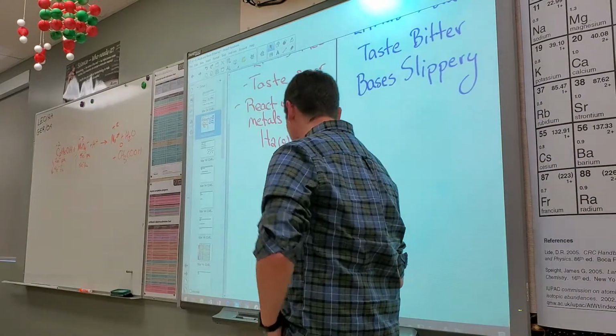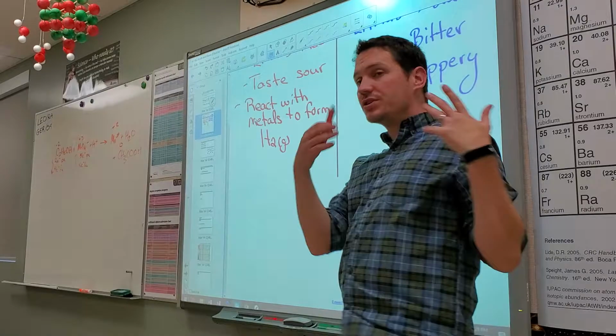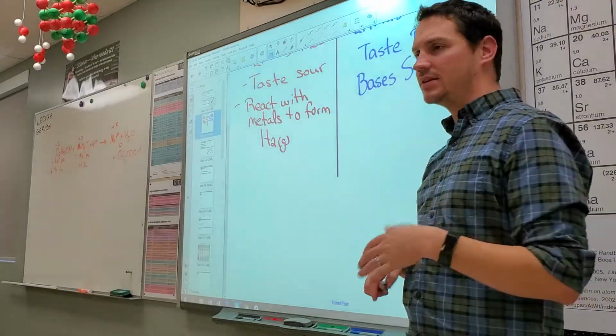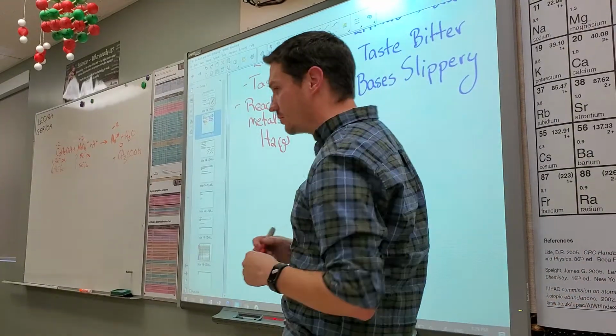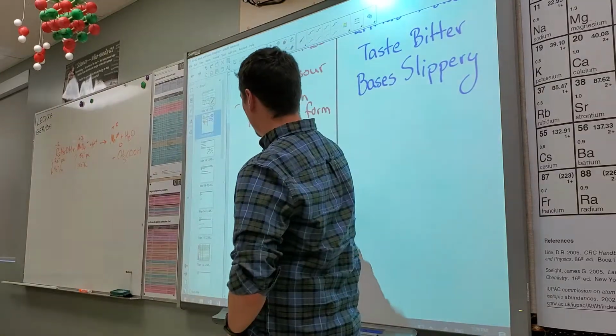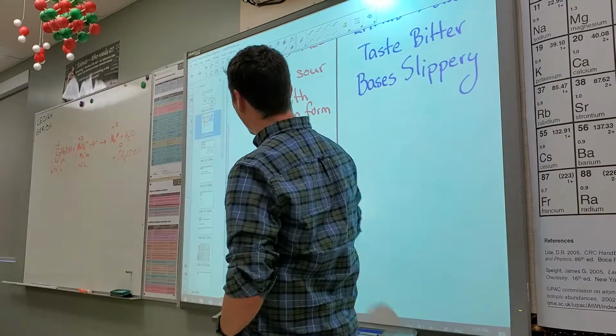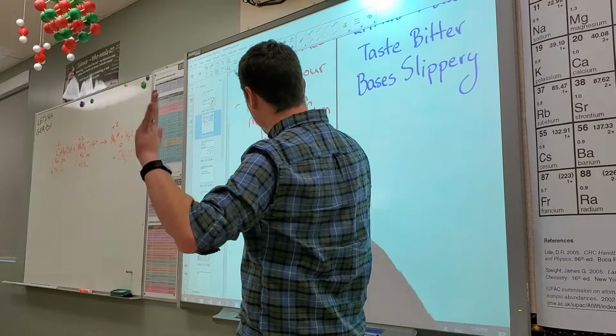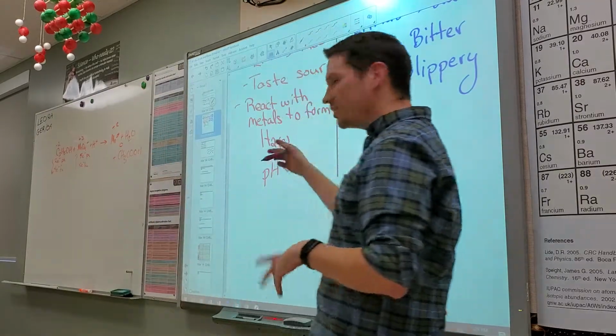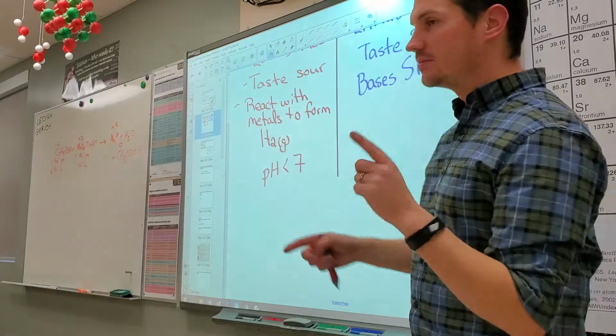And then finally, how would you describe quantitatively what an acid is using numbers? A pH of, we're not going to say 6 and under, we're just going to say less than 7. Do you guys know your less than and greater than signs?